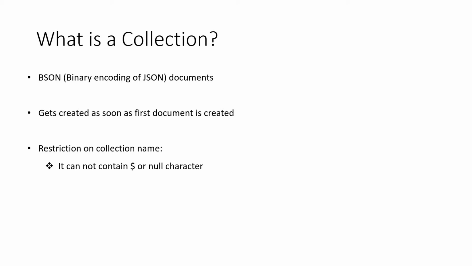It cannot contain the dollar sign or the null character. It cannot begin with a dot, and it cannot be an empty string. So there are certain restrictions. I will show you in a demo how to create a collection and how to insert a document. Those are coming in the next video, where we are going to discuss CRUD operations on MongoDB.